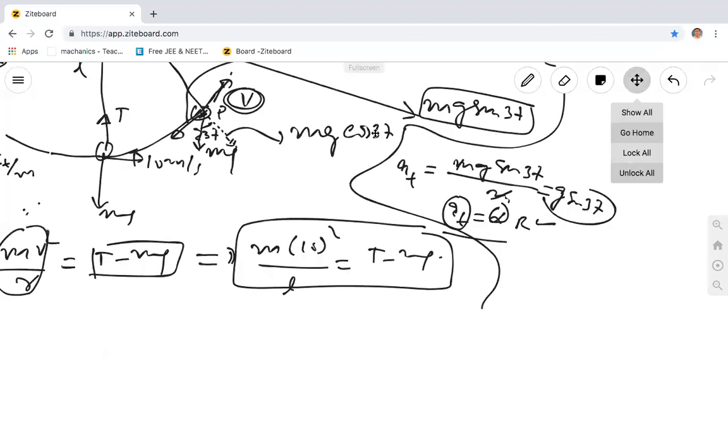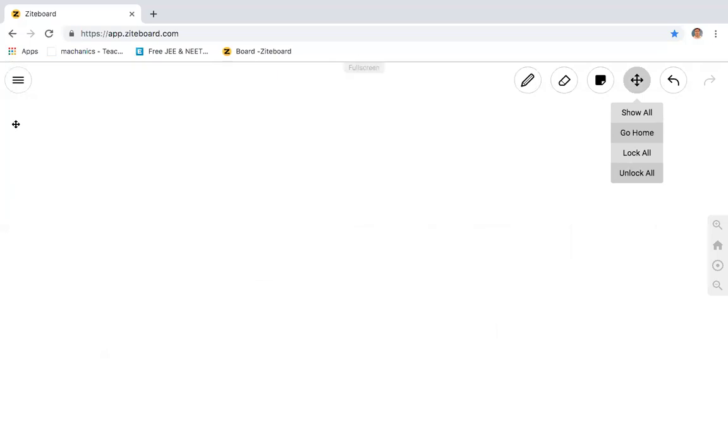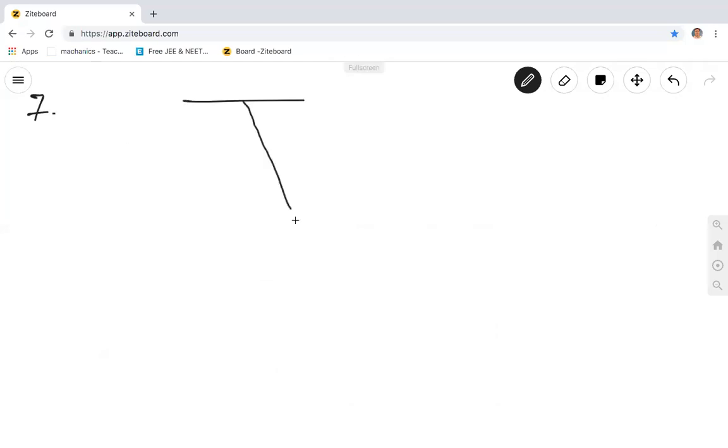Seventh application. Here we have a pendulum, but we whirl it in a circle. It's called a conical pendulum, which means you move it in a circle just beneath the fixed point.